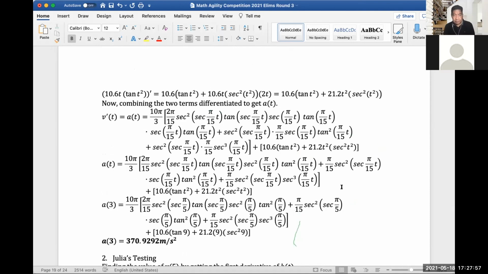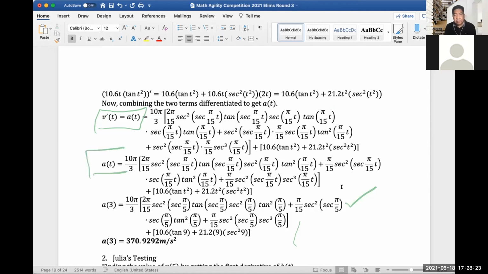So let's move to the second step. It's basically v prime of t, so the derivative of v of t is equal to the acceleration a of t, and you would get this expression for a of t, this line here.